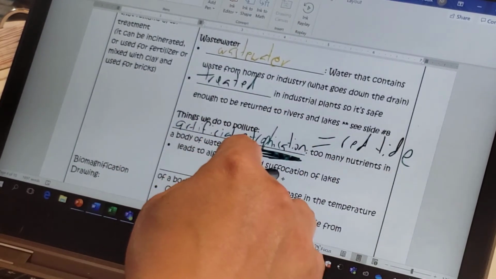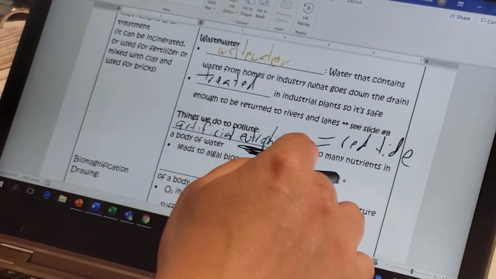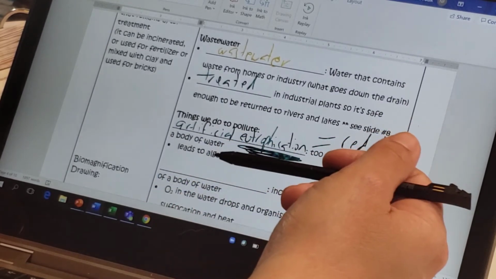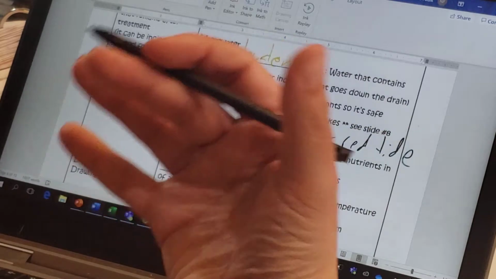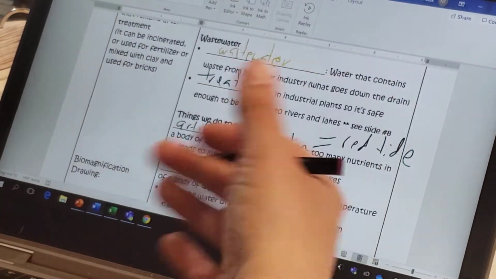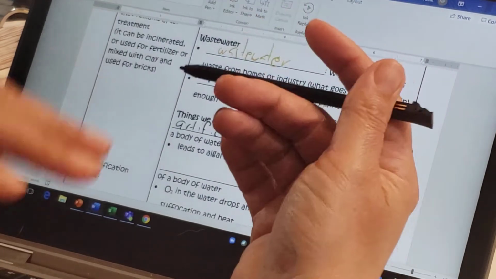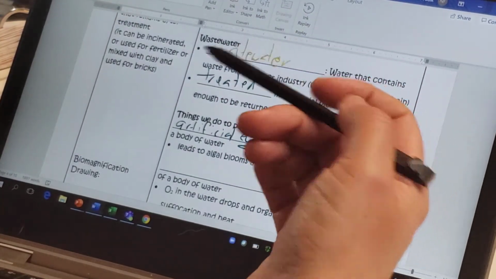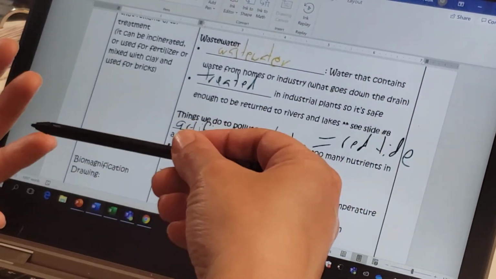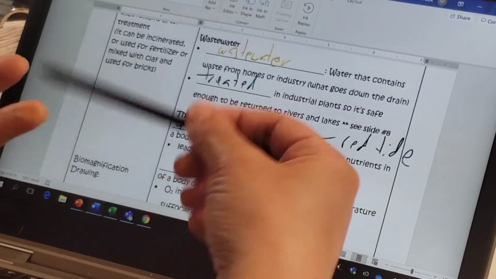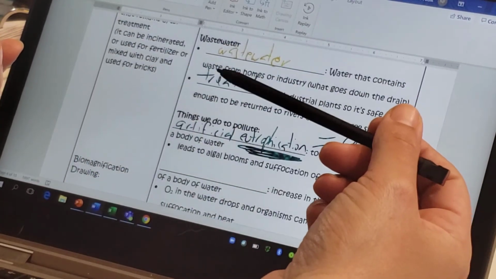Lethal algal blooms and suffocation of lakes. What happens is there's not enough oxygen in the water to support all of the bacteria, because we've got this algal bloom, all the algae that just took off in numbers. There's so many of them. So the algae start to die, the fish start to die, the bigger fish start to, everything around there starts to die off. Okay?